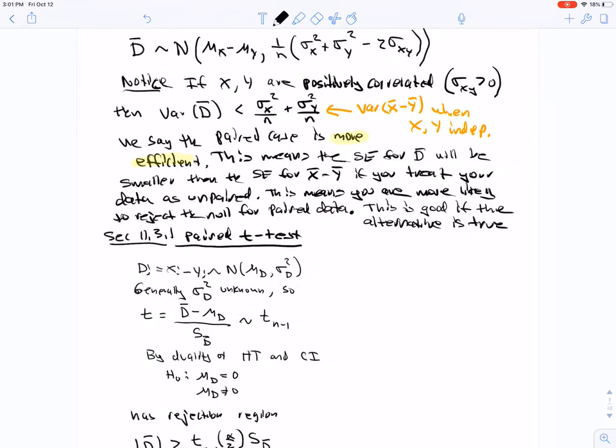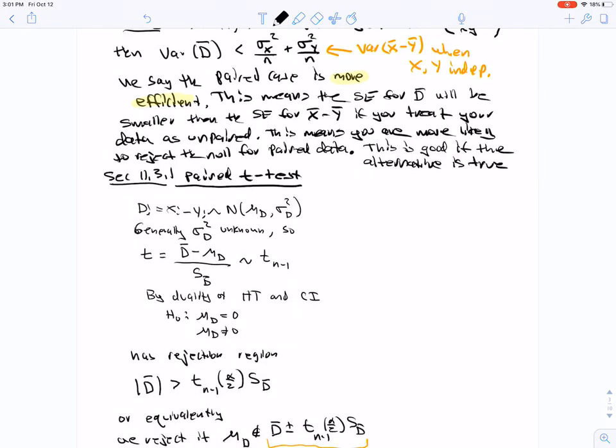So now let's talk about paired t-tests. So now the Di is normal, and generally sigma squared is unknown, so our test statistic comes from a t distribution with n minus 1 degrees of freedom.